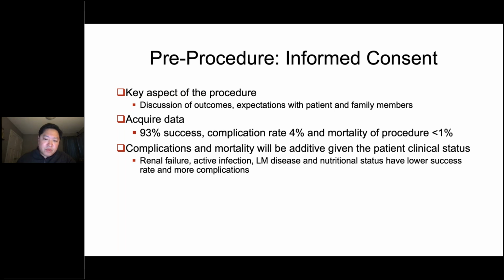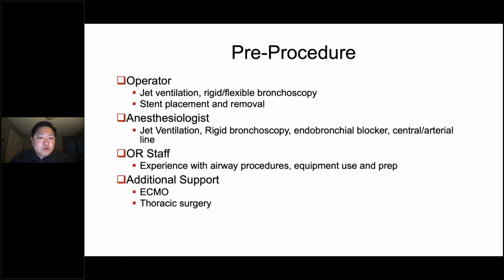And typically when we have a patient in the ICU, if they're on pressors or clinically deteriorating, these are obviously the patients that are not going to be subject to a procedure like this.